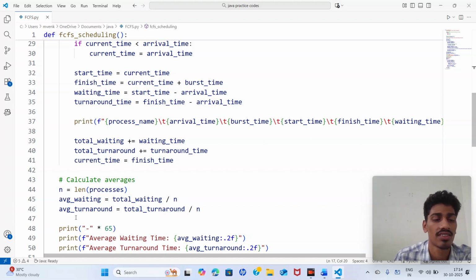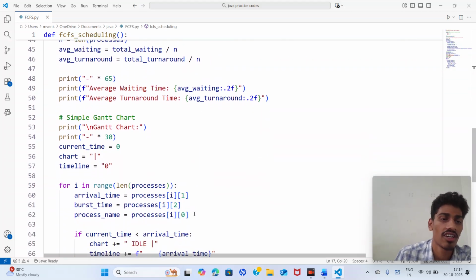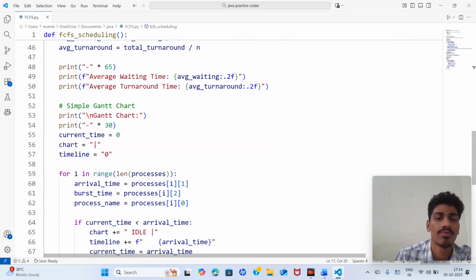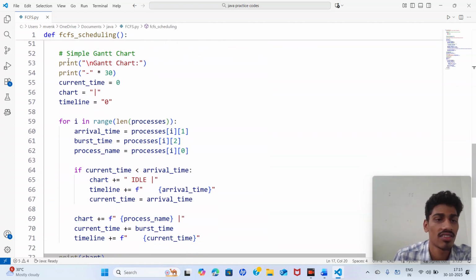Average waiting time is the total waiting time calculated in this for loop divided by the length of the process list, and the average turnaround time is the total turnaround time divided by the length of the process list. We'll print the average waiting time and the average turnaround time.